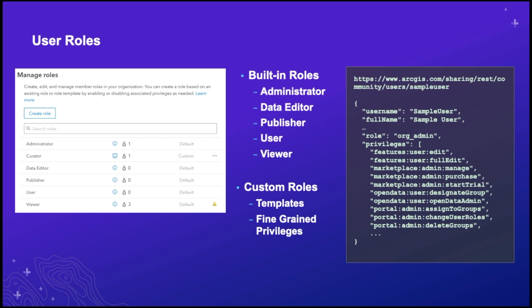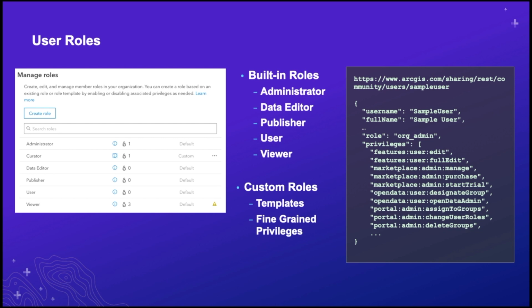And then on top of that, we have privileges or fine-grained privileges, which you can put together to create custom roles if none of these 5 built-in roles will actually work for you. And so you can take these 40 or 50 or so privileges that we have, and you can put them together and create a role and then assign it to users.